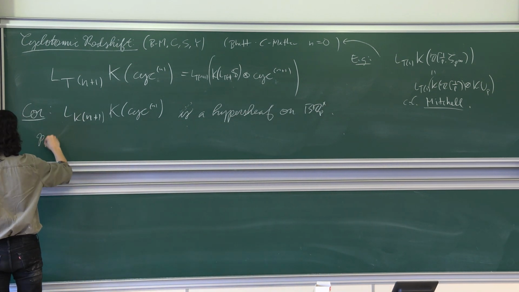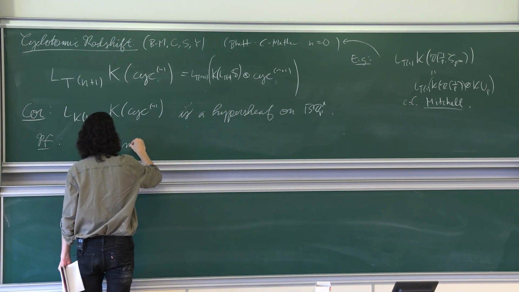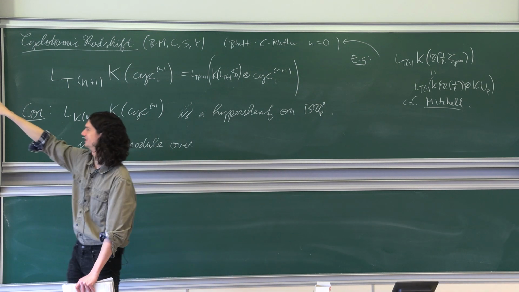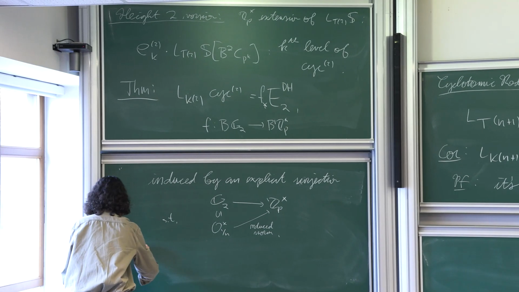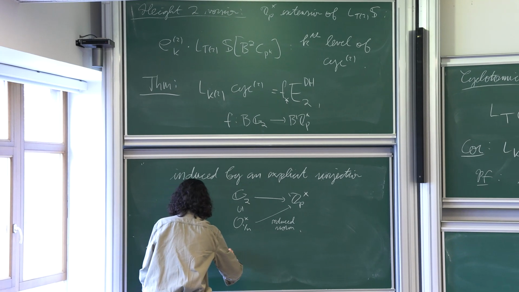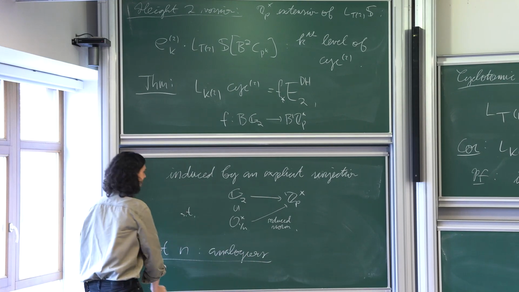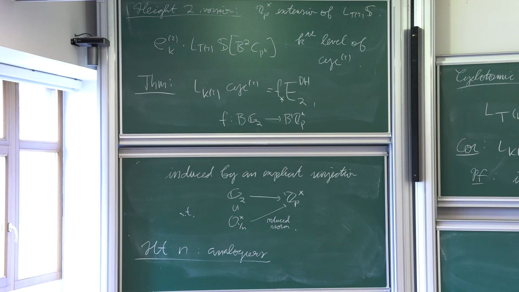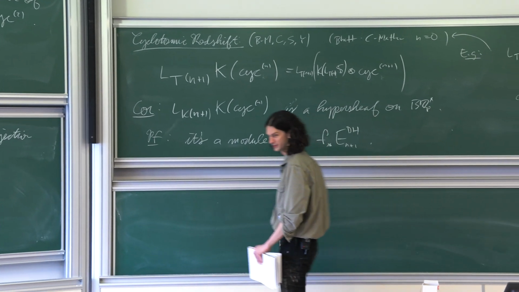And then the proof of that is that it's a module over, well, I should have said the pattern continues. I only discussed height 2, but height n is analogous. It doesn't stop at height 2. And the proof is it's a module over this guy, which is a hypersheaf.